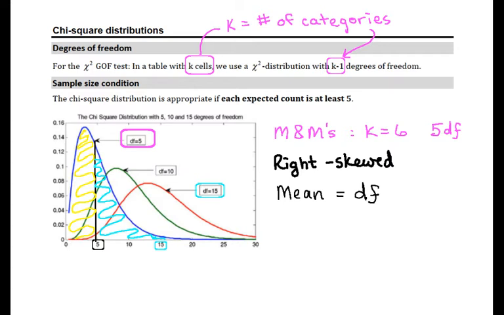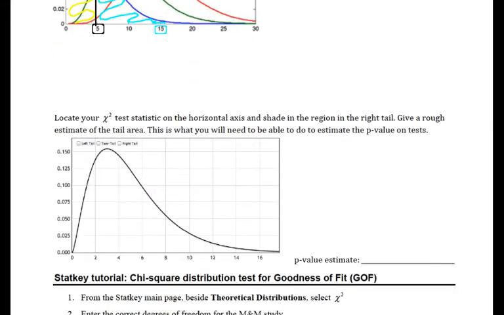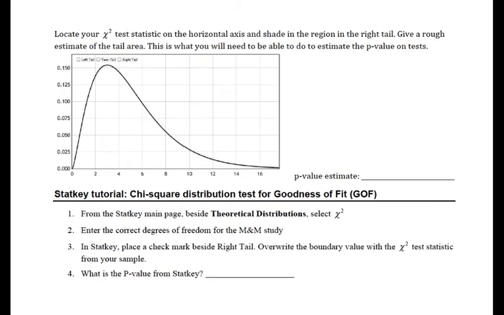We're going to find these p-values using distribution theoretic methods, two ways that are very similar to one another. One of them is what we're going to be able to do on tests, which is, given a graph, let's locate our chi-square test statistic, fill in the tail, and give a very rough estimate of what we think that p-value would be.